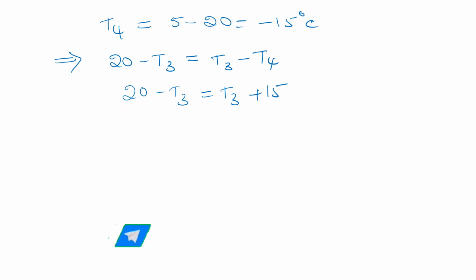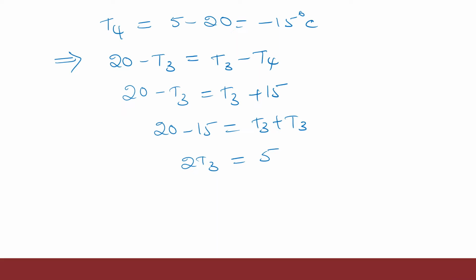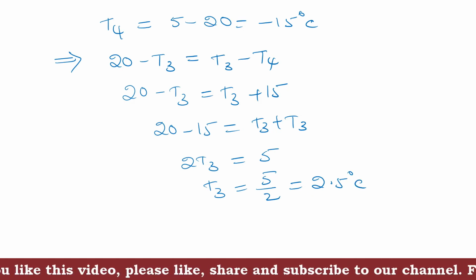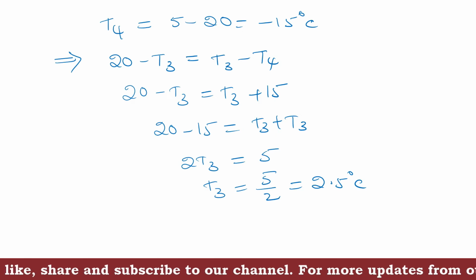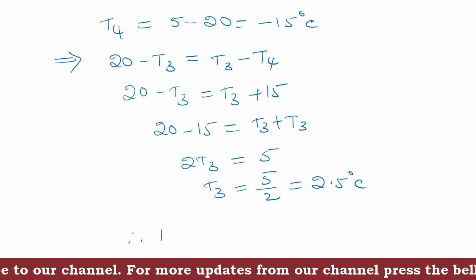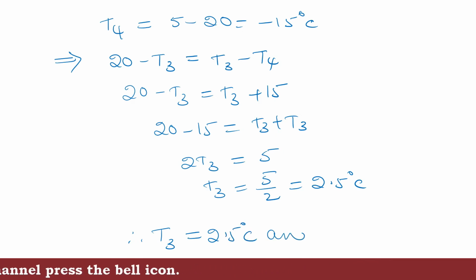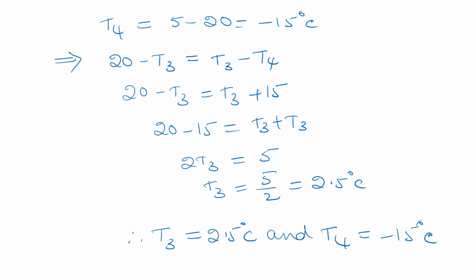So minus T3, 20 minus 15 is equal to T3 plus T3, so that is 2T3. 2T3 is equal to 20 minus 15, 5. So T3 is equal to 5 by 2, that is equal to 2.5 degree centigrade. So the temperatures are, therefore, T3 is equal to 2.5 degree centigrade and T4 is equal to minus 15 degree centigrade. Okay.